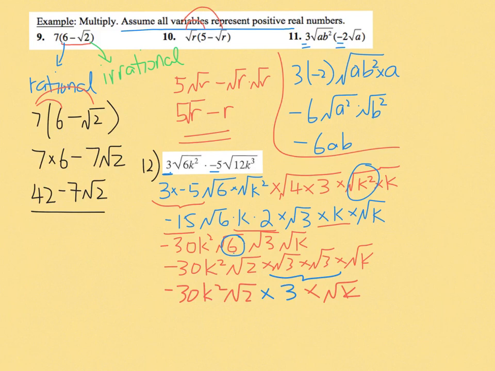And now if I combine the rational terms together, I'll end up with negative 90k squared, and I would have to multiply the two irrational terms together, and that would give me square root of 2k.